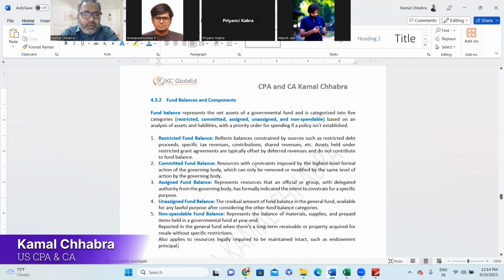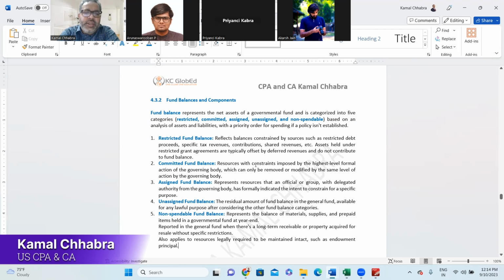So restricted fund balance is where utilization of the particular fund is restricted for a particular purpose only, and you cannot utilize that money for other than the specific purpose for which the restriction has been imposed.